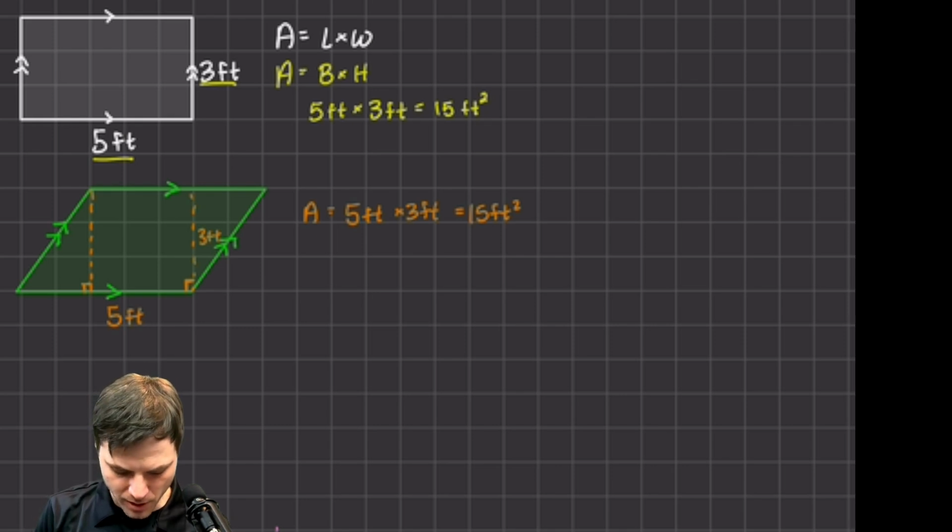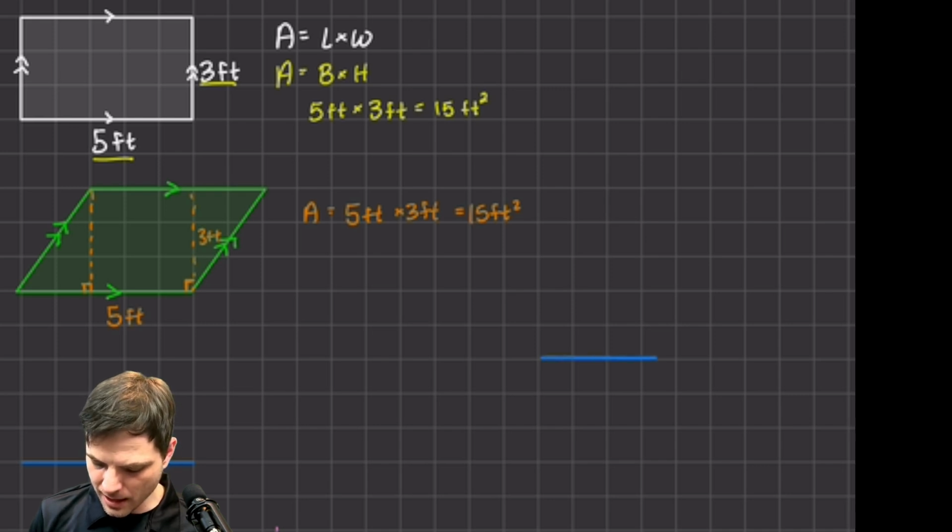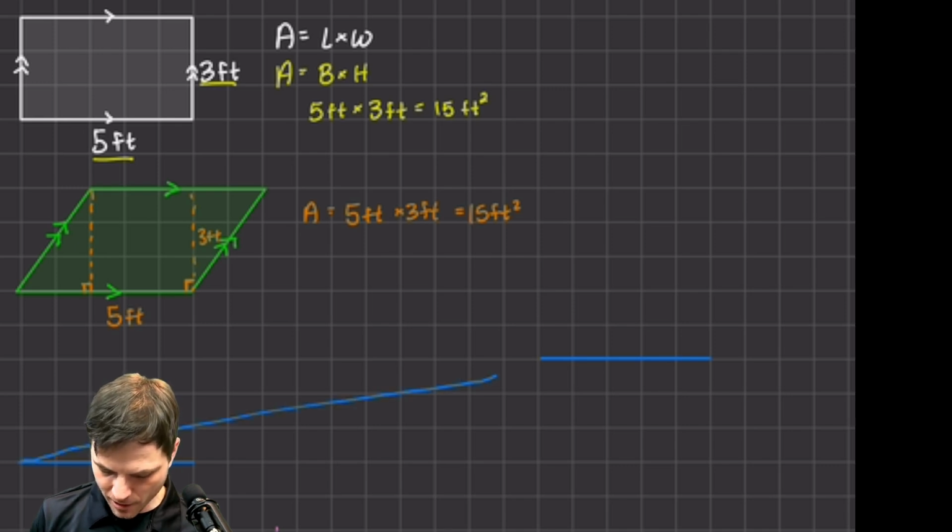So let's actually do one. Let's do one where we have the base of 5 again. And I'm going to make the other end of it all the way over here. And then we have our parallel sides.